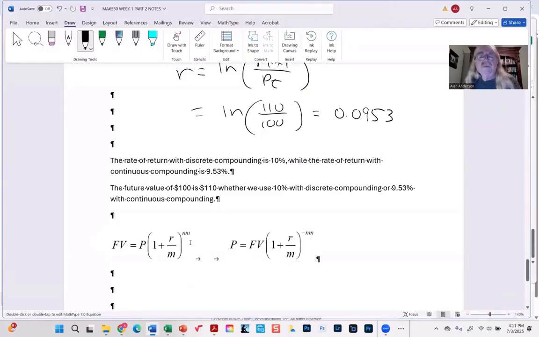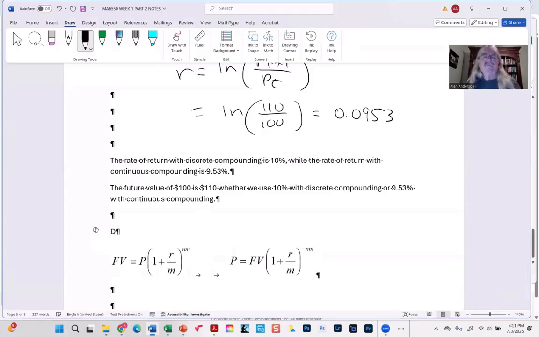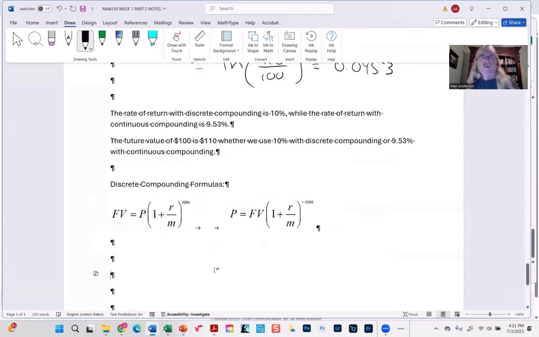But when it comes to continuous compounding, well, you'll have the same thing. You'll have inverses here.